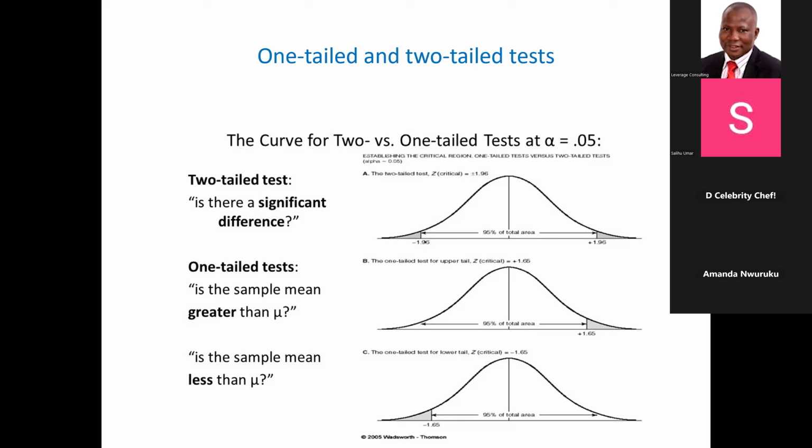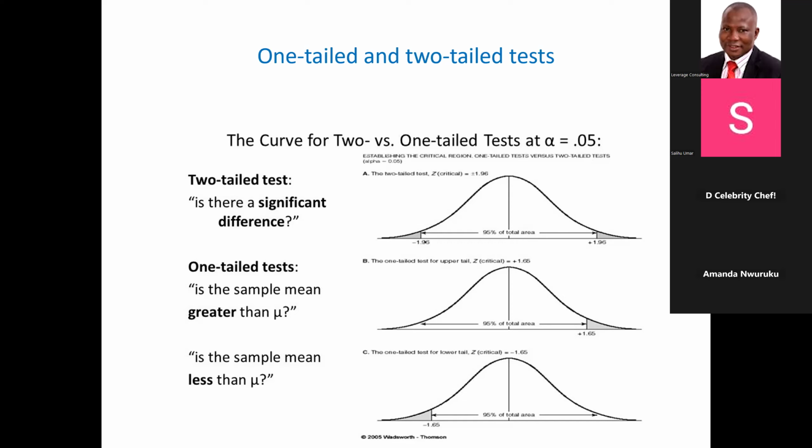And look at the diagram here. It is more easily significant with one tail than two-tail. From this graph, we know why. If you are running a one-tail test, something that wouldn't have been significant with two-tail will be significant. Look at this graph now.